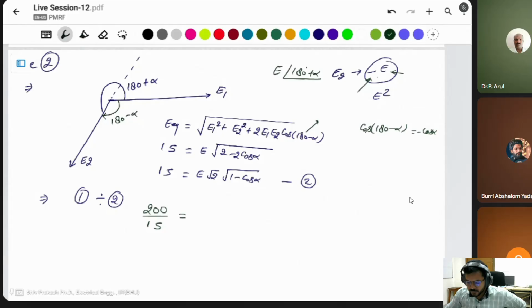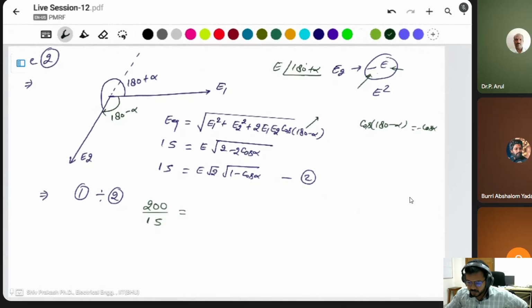So if you consider the direction, you do not need to consider the angle, and if you consider the angle, no need to consider the negative sign. The negative sign denotes the direction only. Once you put the negative, it means this one is the opposite direction. Then no need to put the angle also. Minus of E means this will be E at angle of 180 degree. Already mentioned 180 degree.